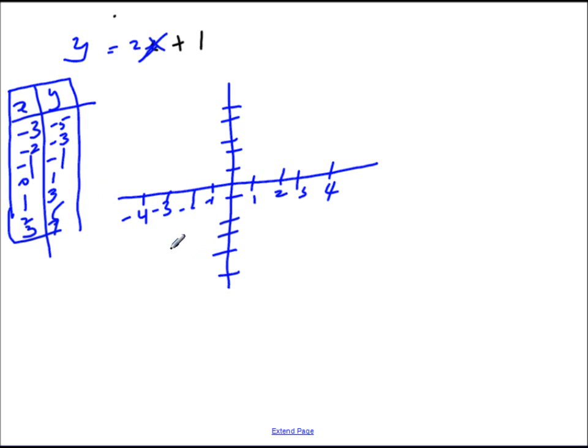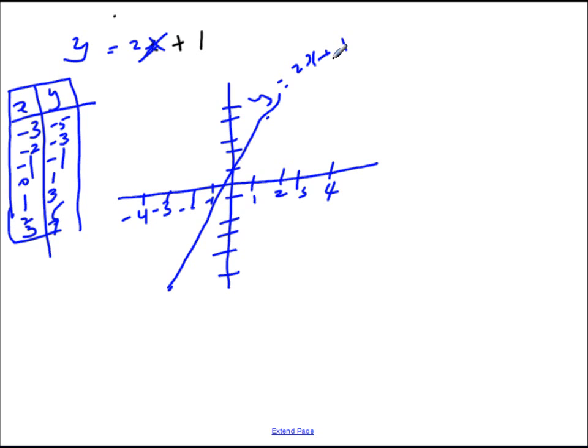So it would be something like -3 is -5, something like this. My endpoint, let's say, 2 and 5, somewhere here. So I draw a line between these two. So this is my y equals 2x plus 1 line.